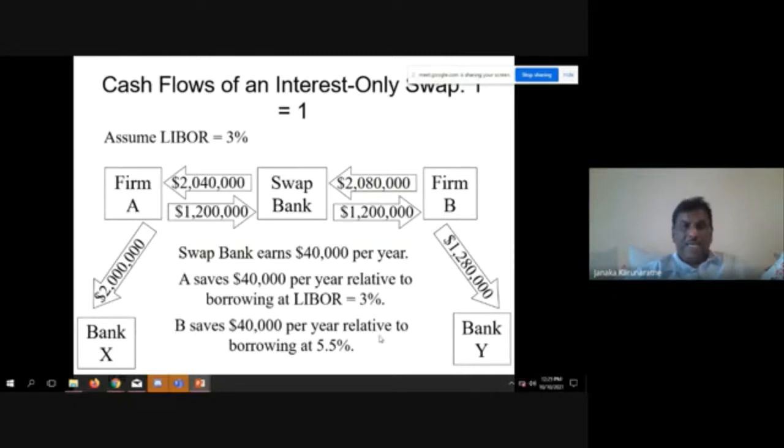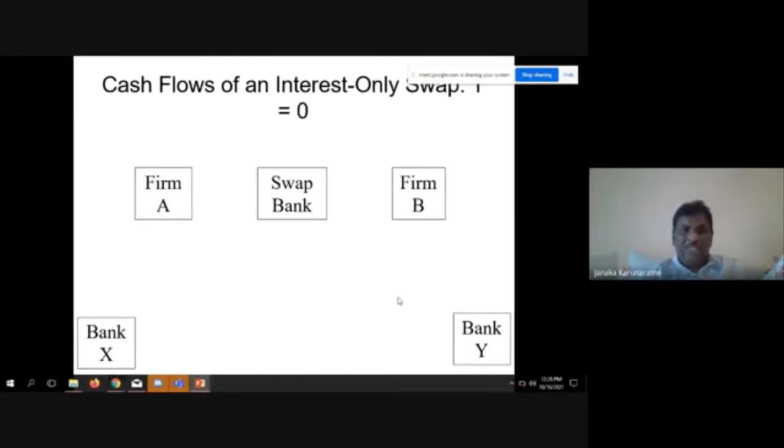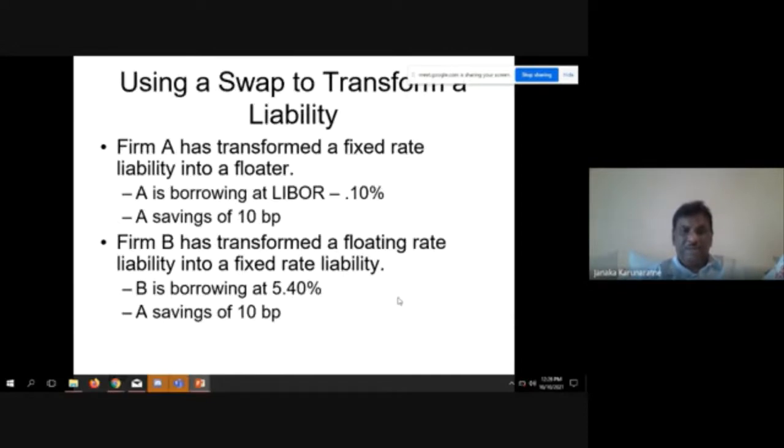And company B saves another 40,000, because if it enters into a swap, as I mentioned earlier, there is a saving of 10 basis points.